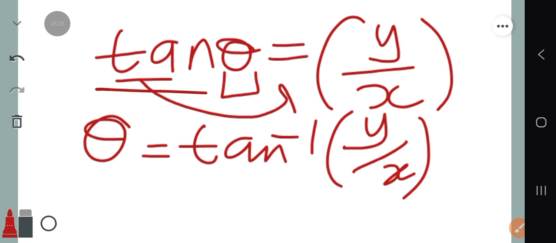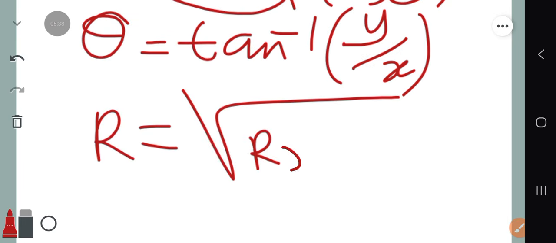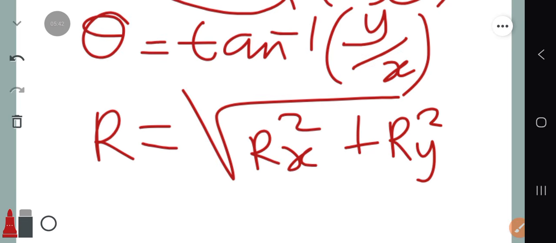This formula helps us find the direction of the resultant of the vector, and this formula helps us find the magnitude. So this formula is for the magnitude, this formula is for the direction. You must know these two formulas.